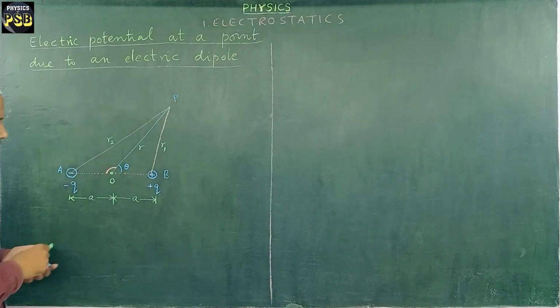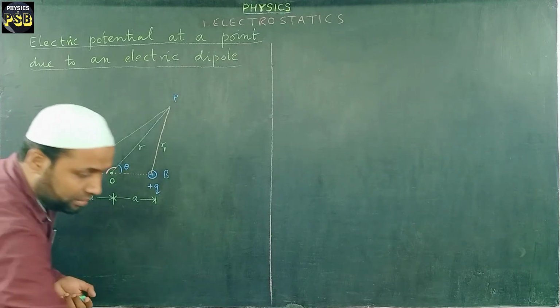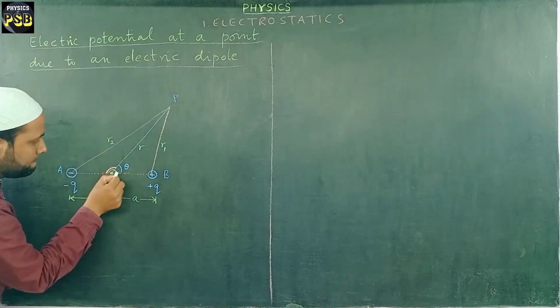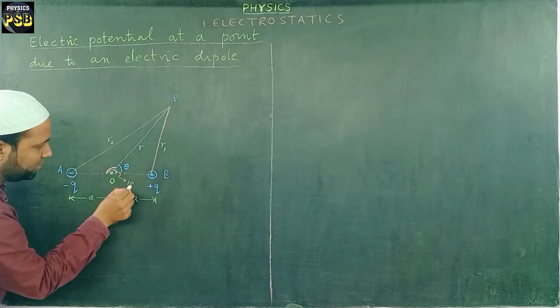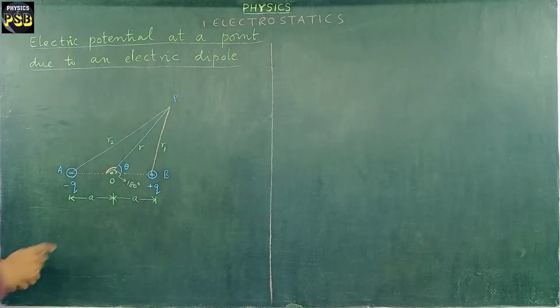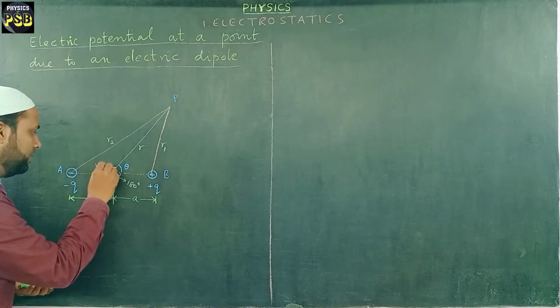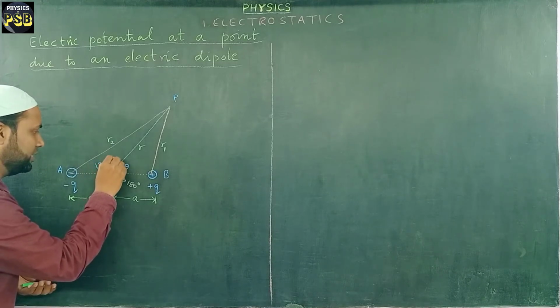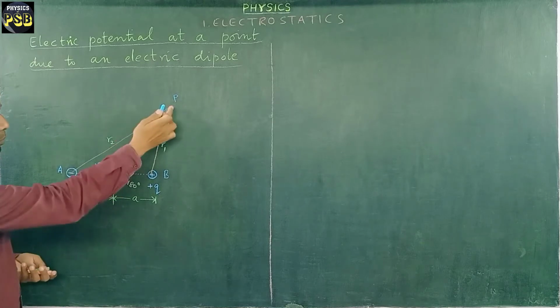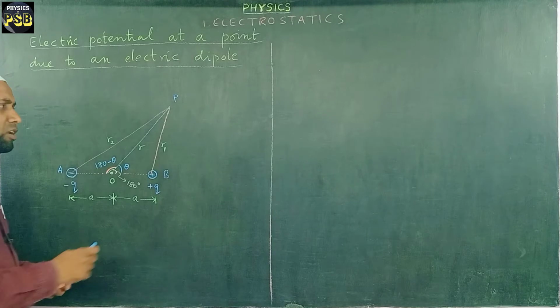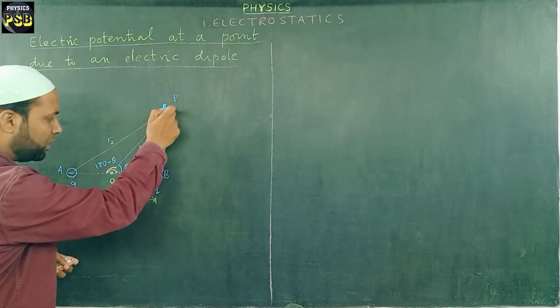Here the total angle is 180 degrees. If I subtract theta from 180 degrees, I get 180 minus theta. This is the angle between OP and OA.